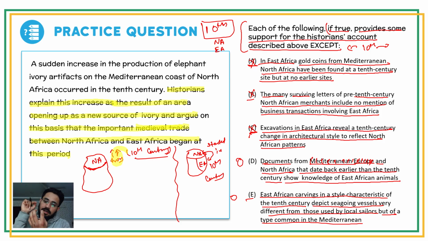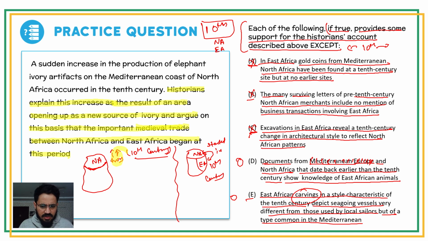Inside East Africa, the carvings from the 10th century depict seagoing vessels which are very different from those used by local sailors, but of a type more common in the Mediterranean Sea, right? So yeah, that might end up supporting the argument in a way. Okay, something happened in the 10th century.